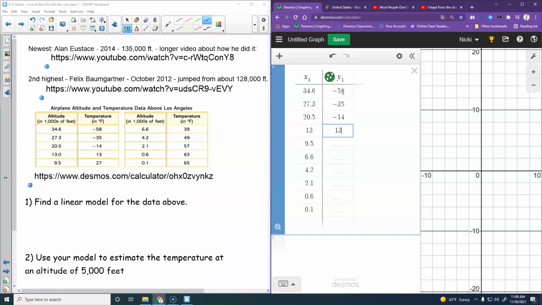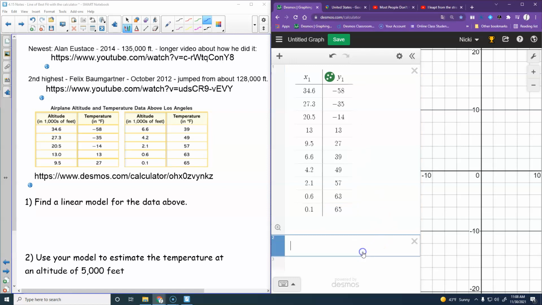That's a lot of numbers. So we were typing in altitude. It's just a continued table. So when you get down here to 9.5, you go to 6.6. It's one table.